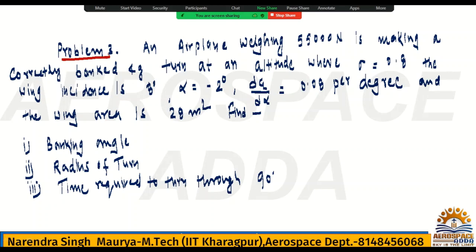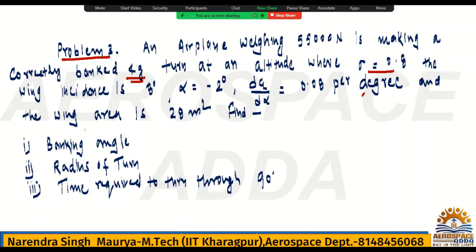Okay, so if you check all the given data, this 4G is nothing but load factor at any particular altitude. They have given density ratio, so you can calculate density for that particular altitude. Wing incidence they have given to us 8 degree, alpha they have given minus 2 degree.